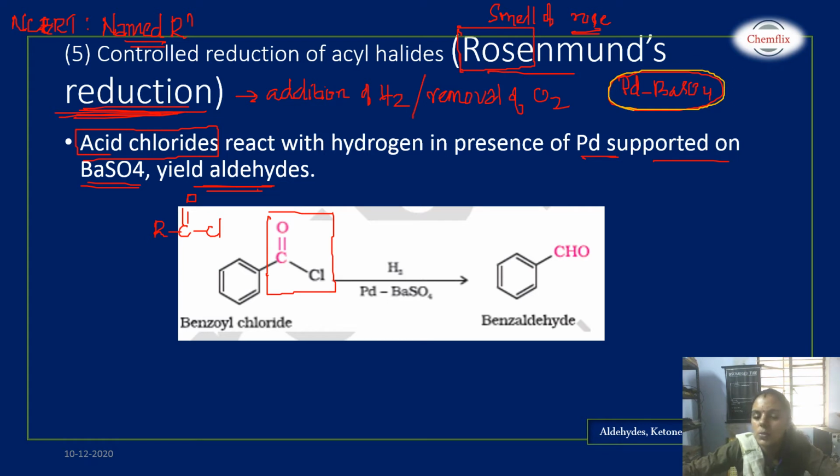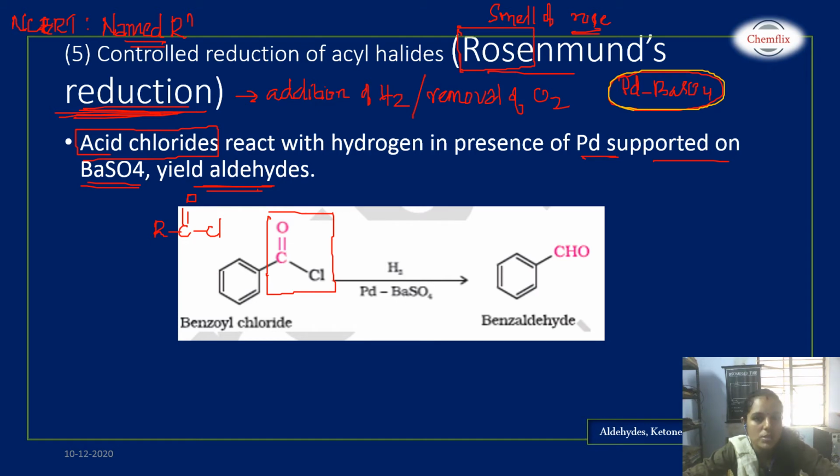This is all conceptual. I'm going to create a psychological approach to introduce this Rosenmund reduction for you. You don't need to struggle much to study it. That's my aim. So you are thinking about ROS, and the name itself says reduction, and reduction means addition of hydrogen.